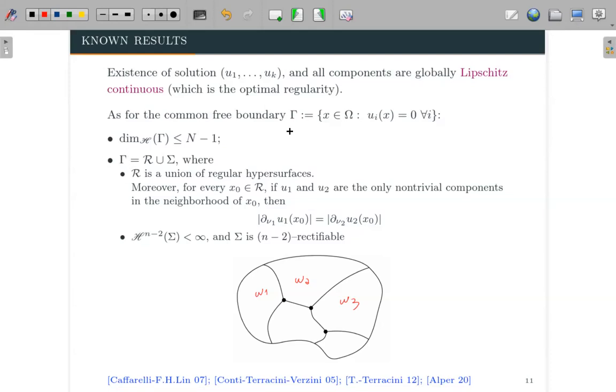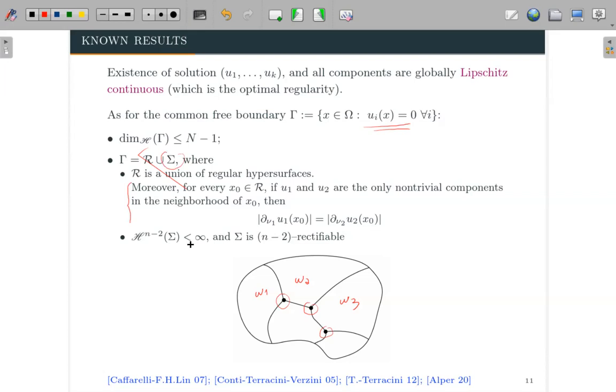And now gamma, which you can characterize as the common nodal set of all the eigenfunctions, is split in two regions, as you can see in this picture. Okay, you have the regular part, which are these curves, and then this, let's call it singular part. So in general, you can also prove that this is the picture, even in higher dimensions. You have a regular part, which is a union of regular hypersurfaces. Let's skip this for the moment.